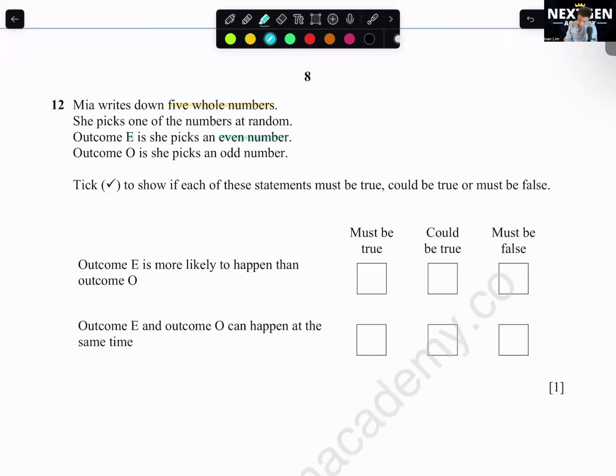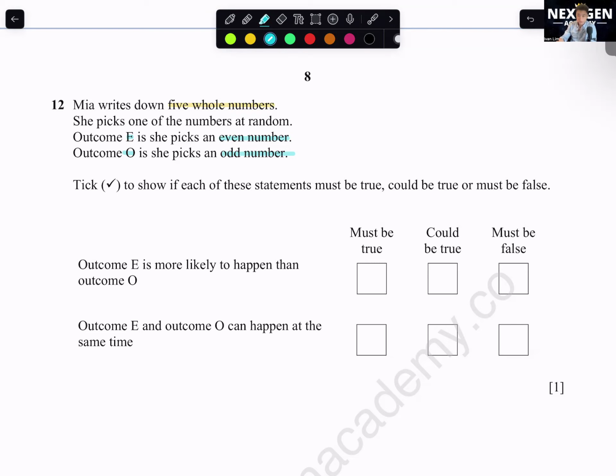E is even. O is odd. Is outcome E more likely to happen than outcome O? What do you think? You got 5 numbers. You got even and odd. Do we know how many even and how many odd we have? Based on the statement here, we don't know, right?